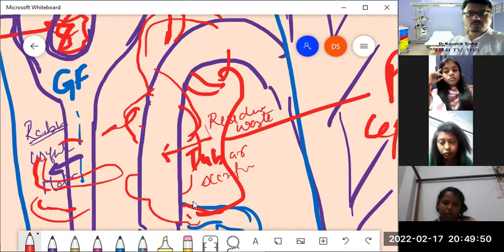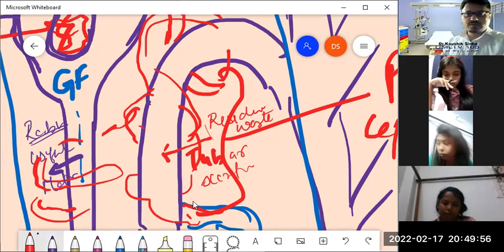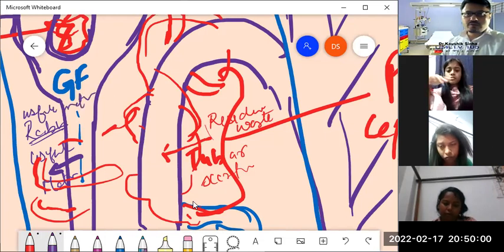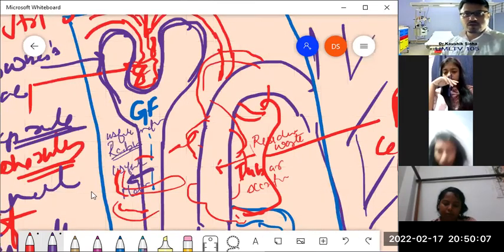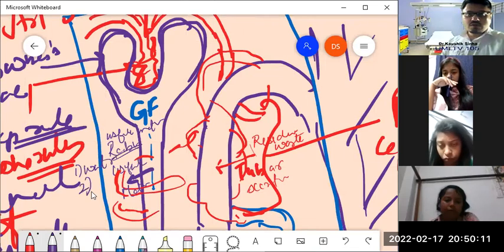What is being moved out of the tubules into the blood? These are all useful materials. What are they? To name a few such useful materials, it should be, say, water, glucose, sodium, potassium.